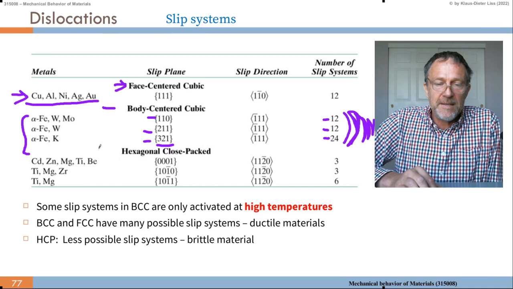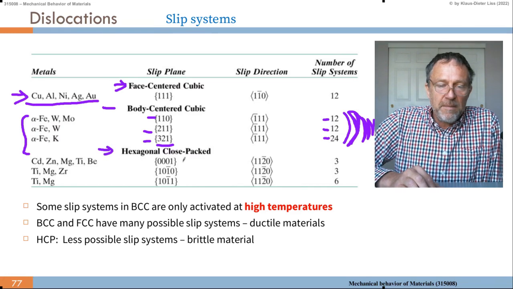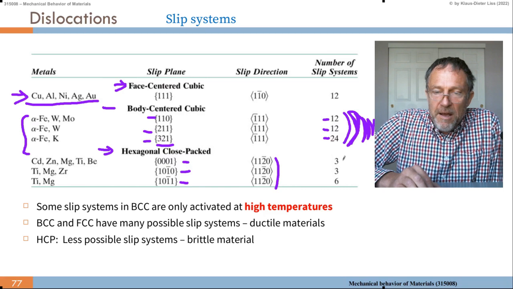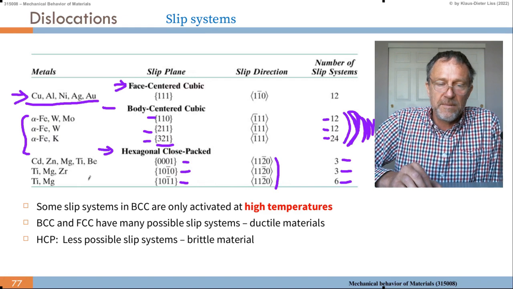Now, let's go back to the HCP, hexagonal close packed. Then we have the basal system, the prismatic system, and the pyramidal system, all slipping in the same direction. But now we see here we have only 3 and 6 slip systems.